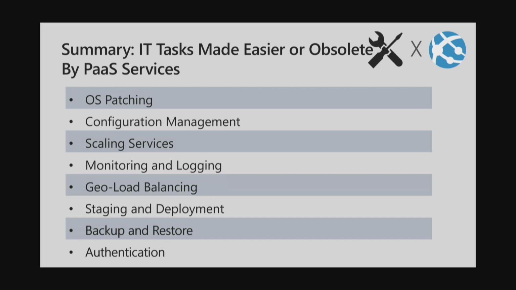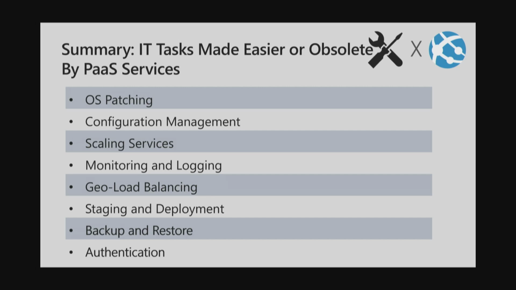For configuration management, I showed you the application settings, which are deployed either with your code or into the service, so you're not having web configs and files all over the place. You try to centralize it, and if you want to make it even more secure, you can use something called Key Vault to secure secrets in a centralized HSM security manner.